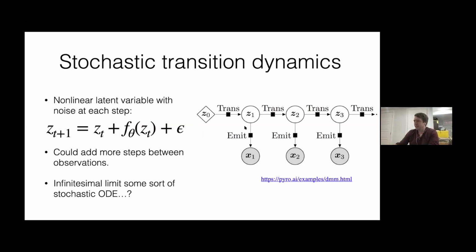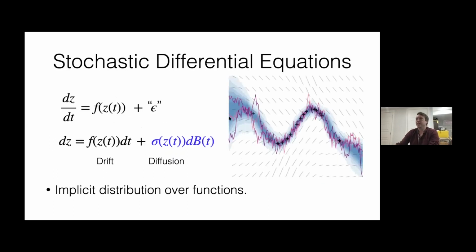And actually there was some work from Maxime Rogozhnikov just crossing the T's and dotting the I's, saying, what happens if I take the infinitesimal limit of one of these deep Markov models or Kalman filters? Well, we do actually recover stochastic differential equations, the classic form that people have been studying for 50 or 60 years.